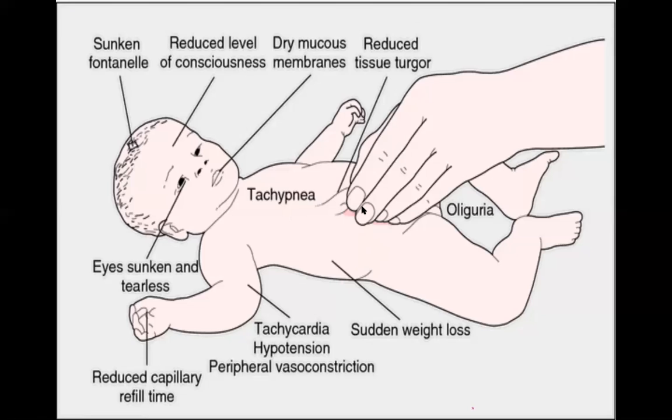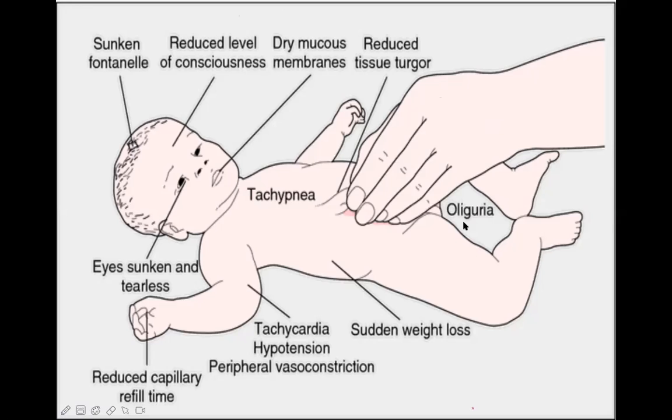But in case of severe dehydration, the elasticity of the skin will suffer, and as a result it will take time to go back. This is known as reduced tissue turgor. Never forget this, one of the important features of severe dehydration.